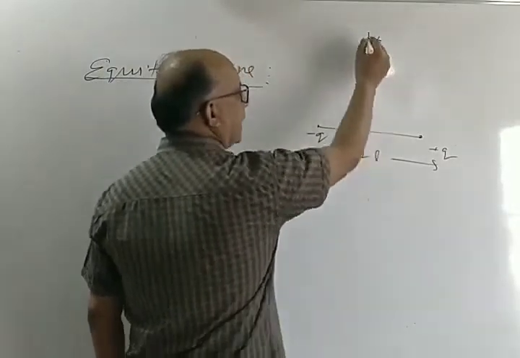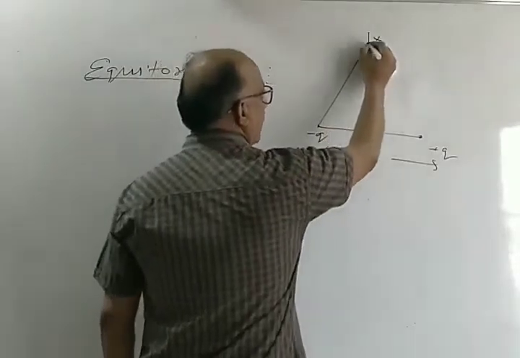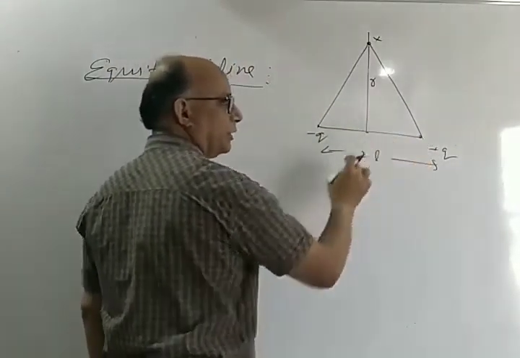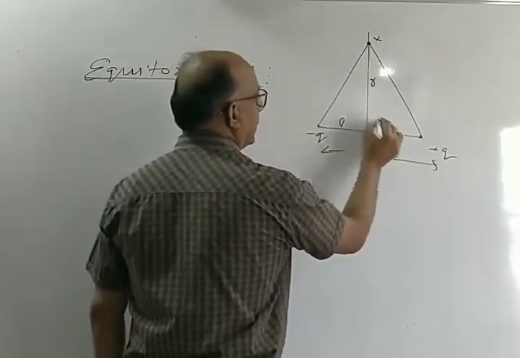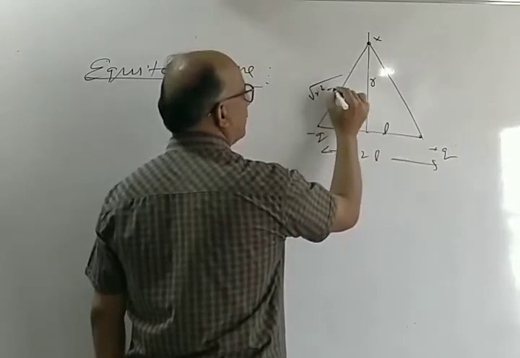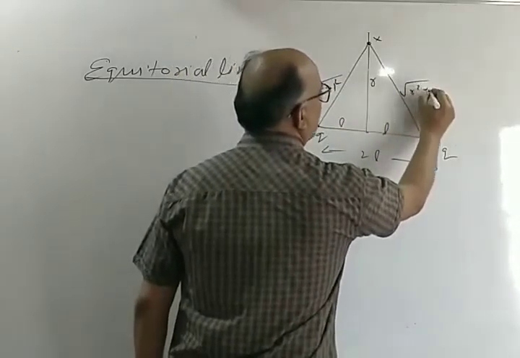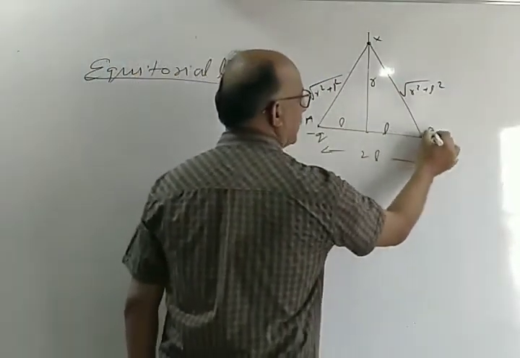This is at a distance R from the center. At this point, we have one electric potential due to the minus charge, one electric potential due to the plus charge. So if this is R, this is L, this is L, this distance is root of R square plus L square. This is also root of R square plus L square. Let us say this point is A and this point is B.